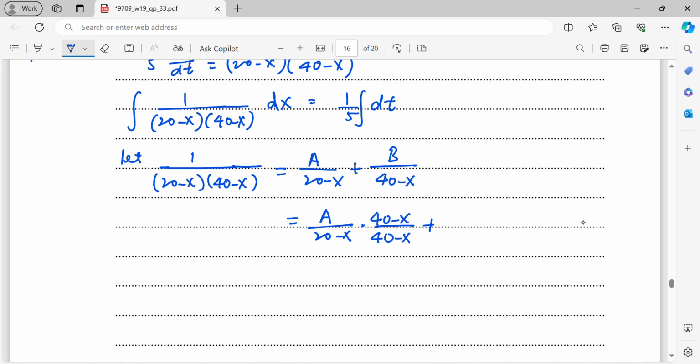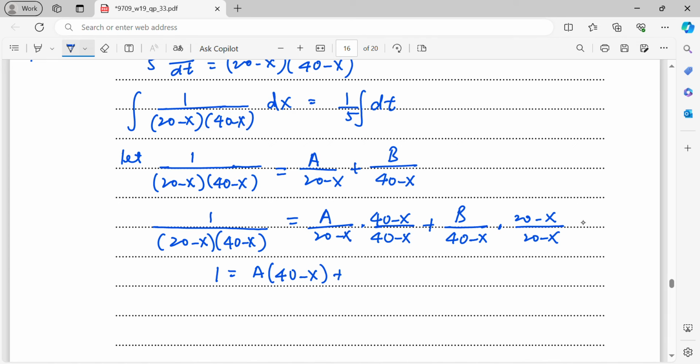For the second rational function, you multiply with 20 minus x over 20 minus x. Now since I'm getting the same denominators, we can just ignore the denominators and consider the numerators. So 1 equals a times 40 minus x plus b times 20 minus x.